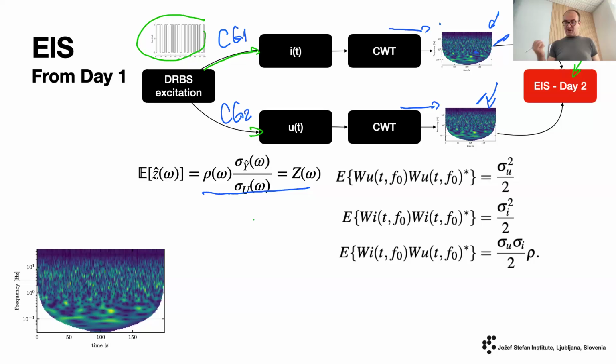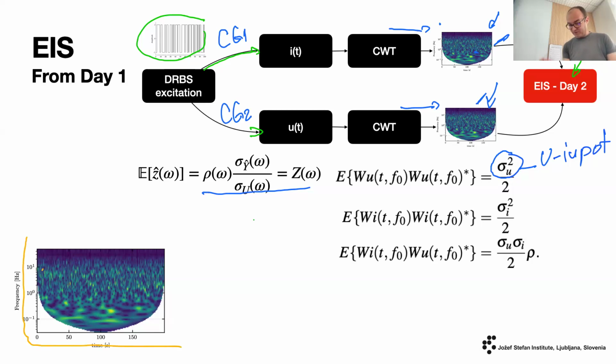How can we do it? Well, let's see what we have. We have to find the variance of, let's say that the voltage is our input. Voltage is input, right? In our case, it can be the other way around. So we need to calculate the variance of the input at a certain particular frequency, or all of them. This is the wavelet transform of the input.